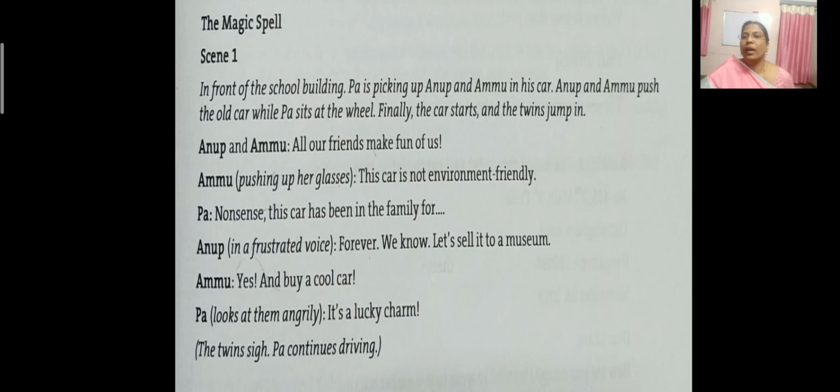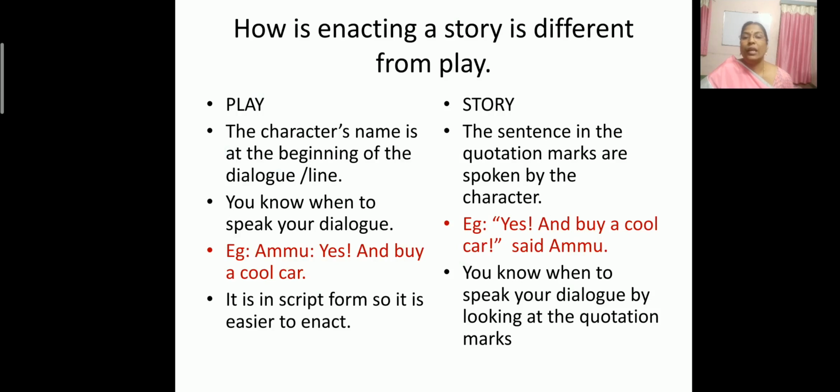We'll again go back. Now an example is also given here. "Yes, and buy a cool car," said Amu. This is written in quotation marks, Amu's dialogue. Clear, children? So in a story, you will find quotation marks. You know when to speak your dialogue by looking at the quotation marks. Looking at those quotation marks, you will come to know this is Amu's dialogue.